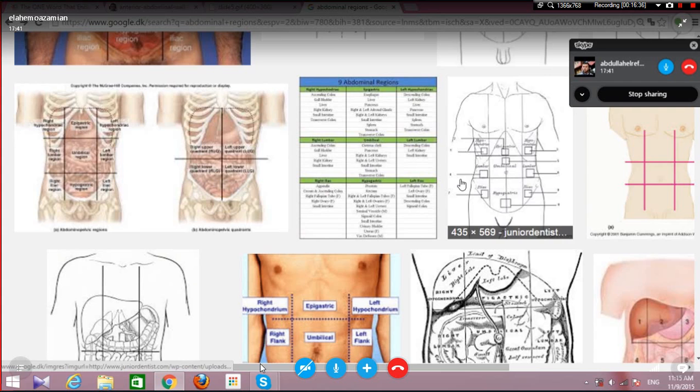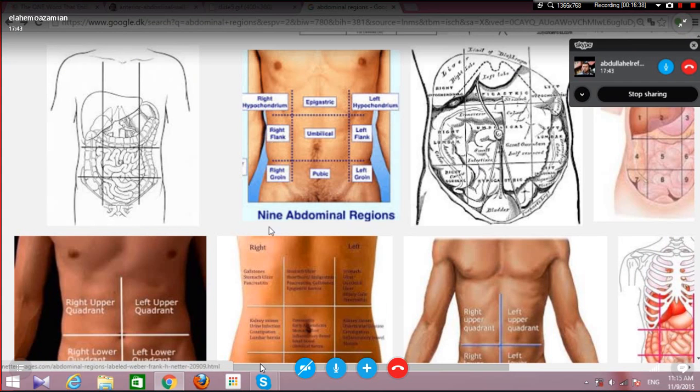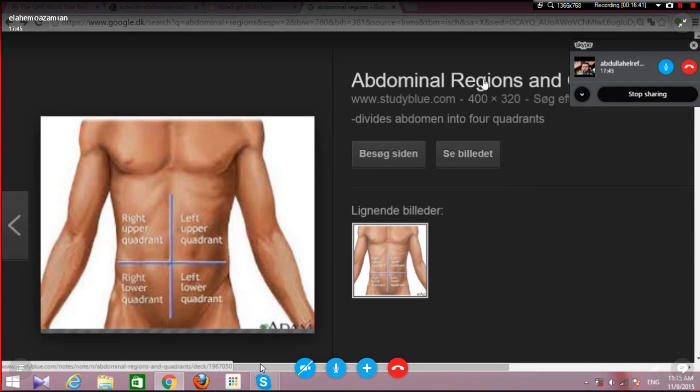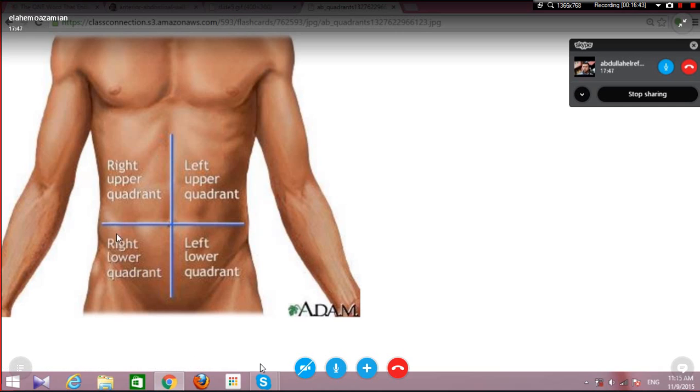For more general descriptions, we divide the abdominal wall into 4 regions. For 4 regions, how many lines do we need? 2, so we have 4 quadrants. We have one in the middle, called the median plane, which gives you right and left side, and the transumbilical plane through the umbilicus.